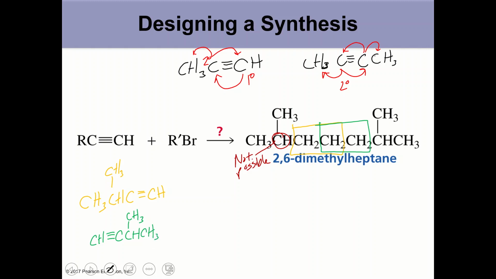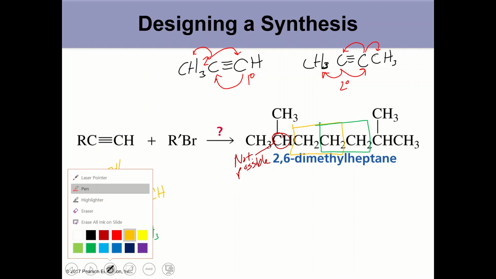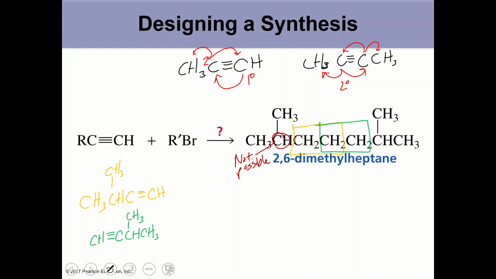And I have to pick which one. Now that means that for the green option, the other half of the molecule would be this blue section.